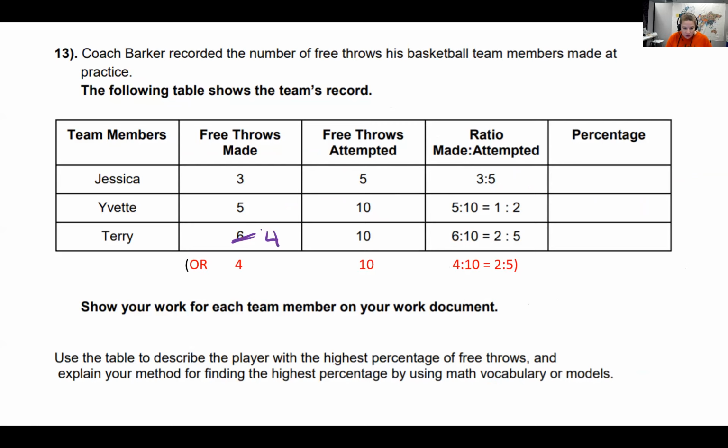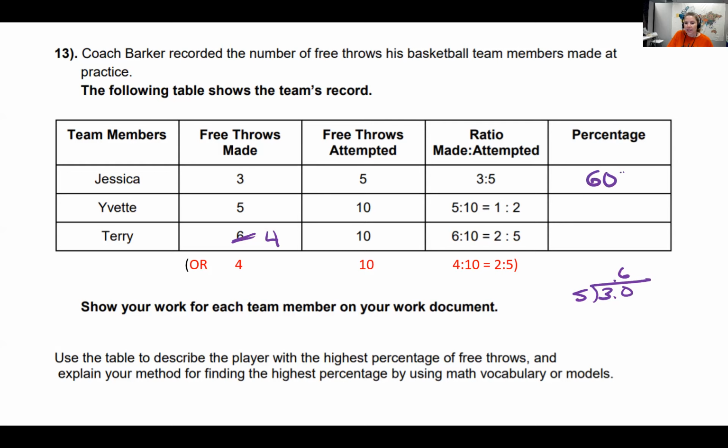So it says show your work for each team member. So basically we are turning each of these ratios into percents. And to do that, we always divide the first number by the second number, right? So if we added a decimal and a 0, we would see that this is 0.6. We move that decimal to the right 2 places, and this is 60%.